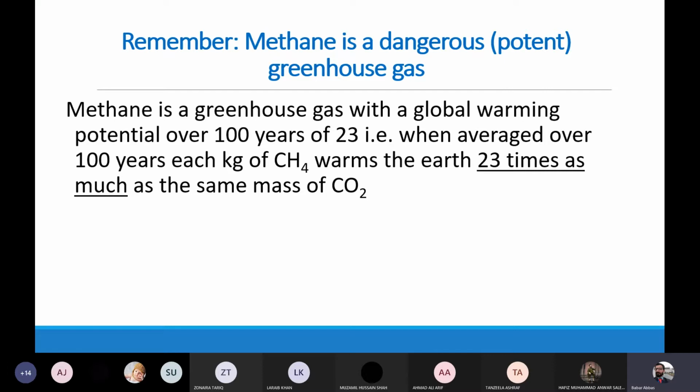That is, when it is averaged over 100 years, each kg of methane would be contributing to the warming of the earth 23 times as much as the same mass of carbon dioxide would be doing. It has 23 to 24 times more potential in terms of global warming.